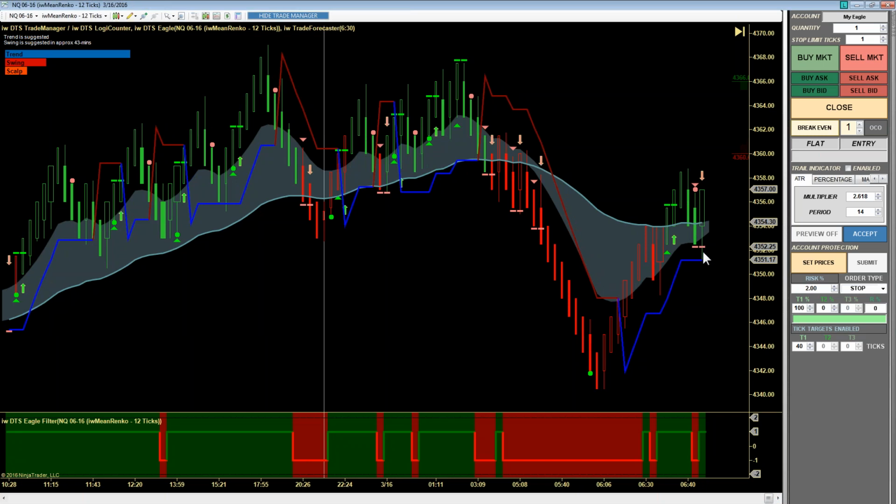So the hash mark always prints one tick below or above the signal bar, as the case may be. So the signal bar is this one right here with the warning dot, and then it eventually printed the triangle and hash mark. So the hash mark prints one tick below the low of that bar. But our signal bar would actually have been the next bar.